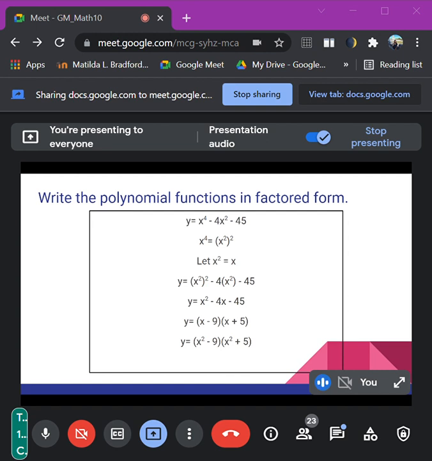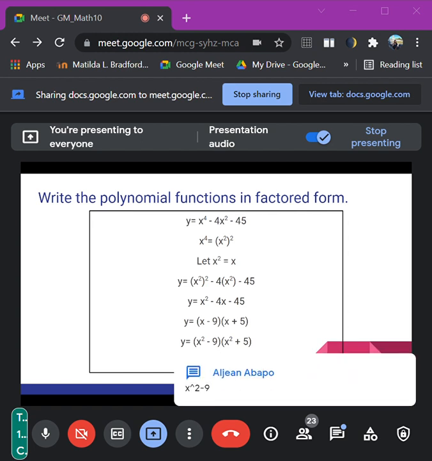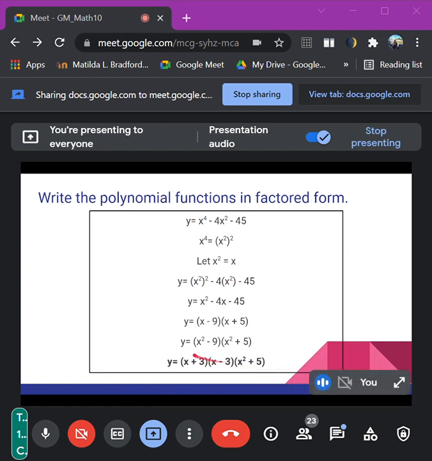Let's try to look at. Okay, ma-factor pa ang x squared minus 9. So, our final answer there, di ba ang factor sa x squared minus 9 kay x plus 3, quantity x minus 3. And then copy x squared plus 5.